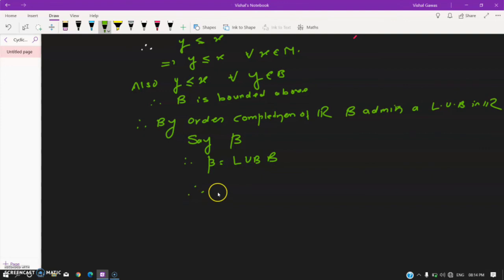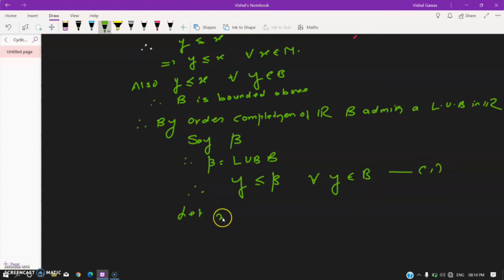Therefore, since beta is the least upper bound of B, with any element of B, Y must be less than or equal to beta for every Y in B. Name this as 1.